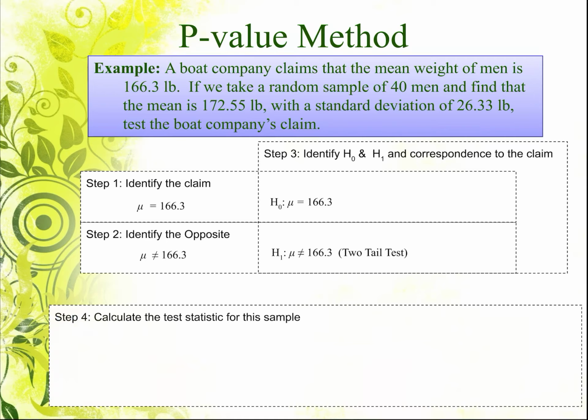Okay, always need to find the test statistic. Since this is dealing with means, we're going to use the t-test statistic here. So the sample mean x bar was 172.55 minus the population mean, 166.3, divided by the sample standard deviation, 26.33, over the square root of 40, the number of men sampled.